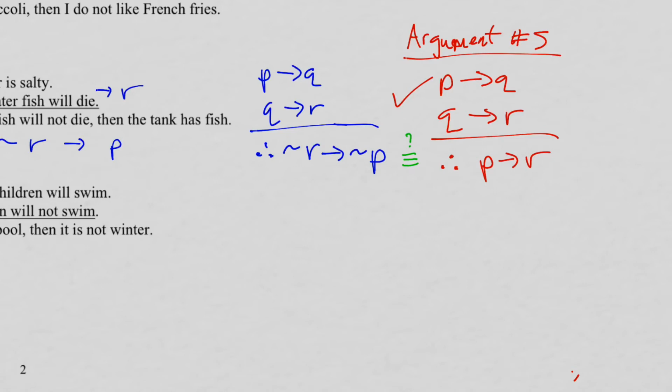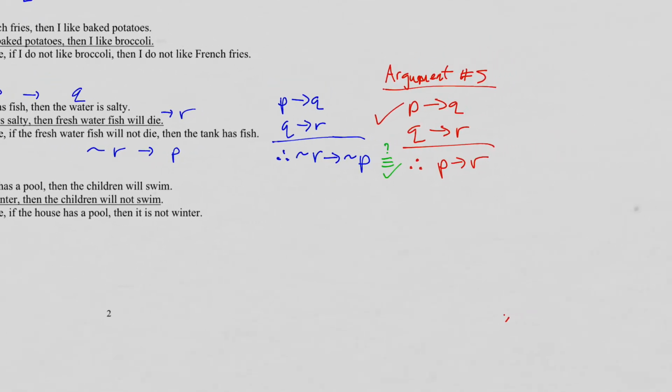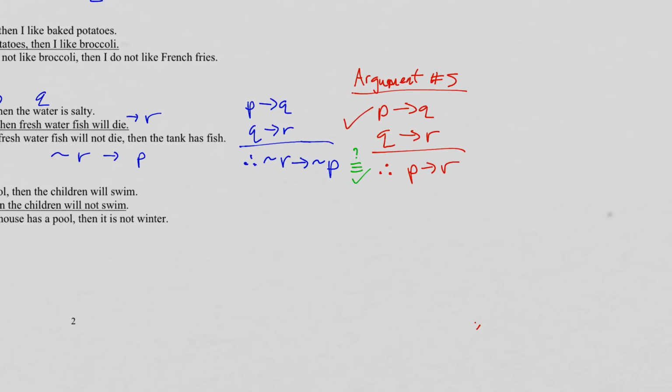Okay, and it seems to be so, that the contrapositive of if P then R is you reverse those two, you switch places, you flip them, and you negate both, and there it is. So since this is an equivalent statement, these are contrapositives, therefore this is valid. Okay?